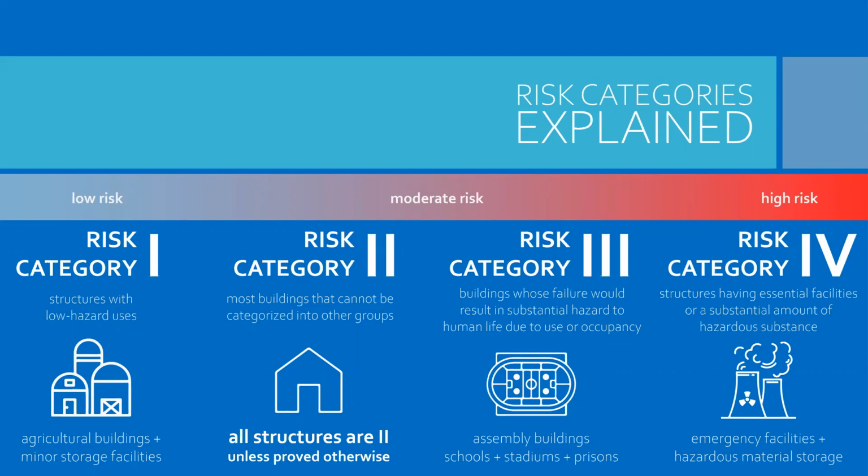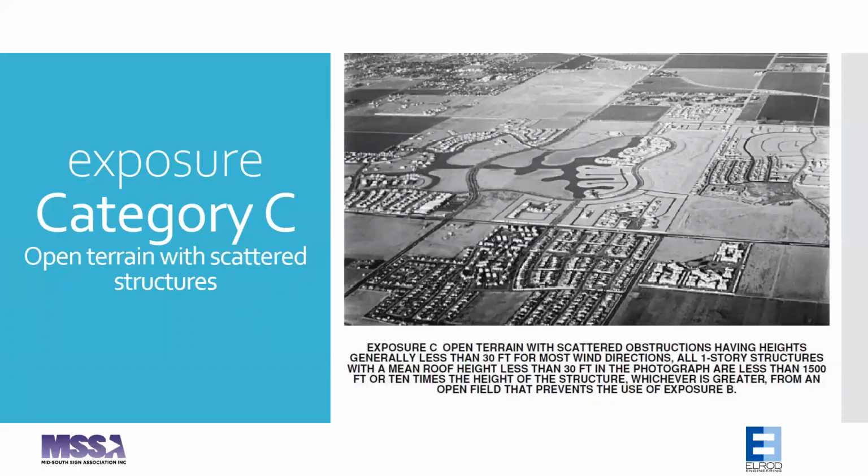So what about exposure categories? As mentioned before, the exposure category is a reflection of the topography in the surrounding built environment. Essentially, it's a measure of how rough the ground is. I like to use an analogy of whitewater rafting.